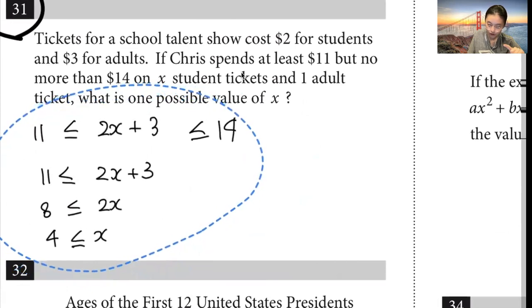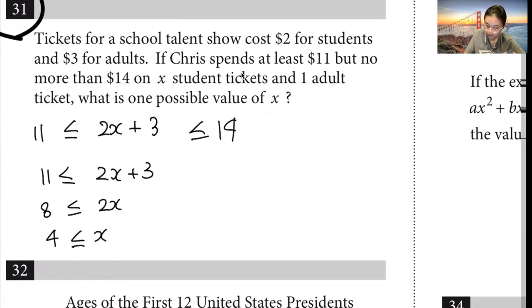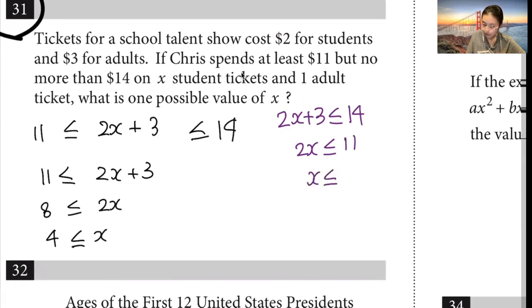Okay, so I'm just going to change the color so that it's easier to see. So we have 2x plus 3 is less than or equal to 14. We need to isolate x, so subtract 3 from both sides. So 11, and that is going to be 5.5.